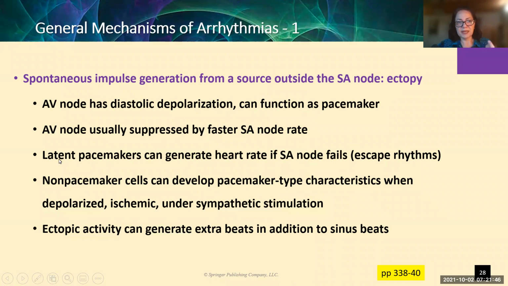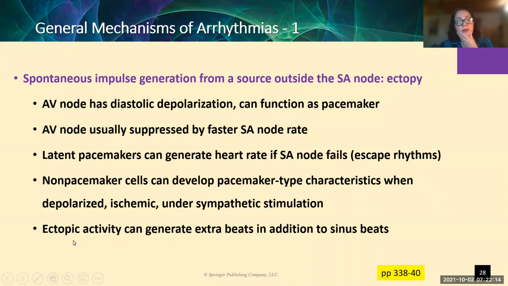Also, not just the SA and AV nodes, but other cells that aren't pacemaker cells, other cardiac muscle cells, can start to act like pacemakers. This usually happens under conditions of stress, like under signs of ischemia, extreme sympathetic nervous system stimulation.